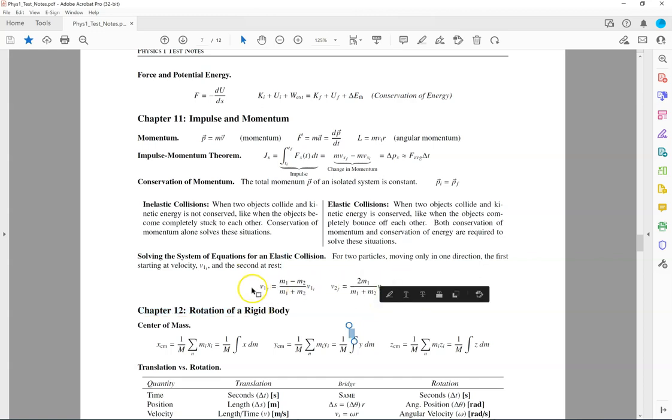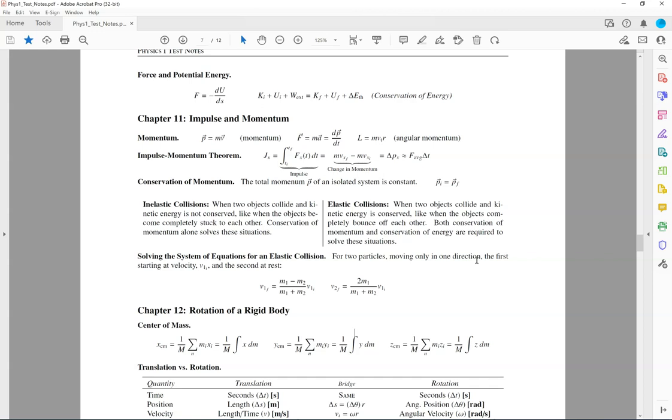Now, we could technically solve this, but if you happen to remember, in the test notes, there are equations for solving the system for an elastic collision of 2 particles moving only in one direction, the first starting at velocity V1 initial, the other one at rest.